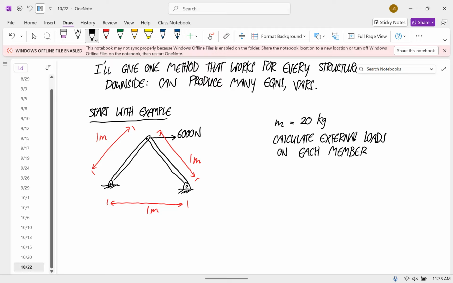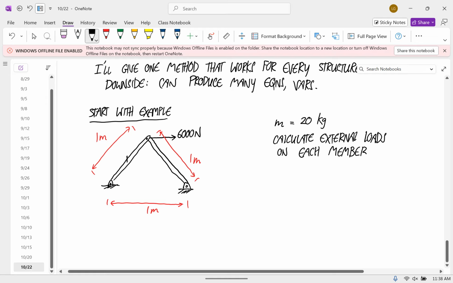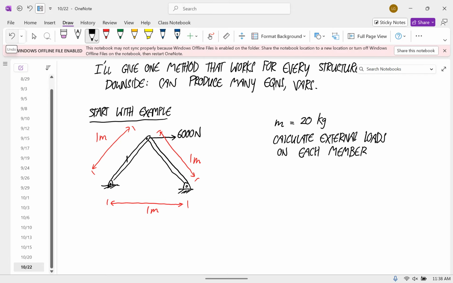So the way I'm going to do this is I'm going to name each body. I'll call this body 1 and this body 2. It doesn't matter which you call which.